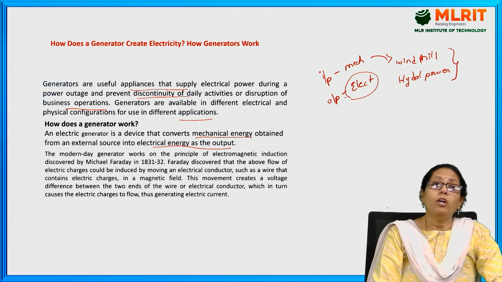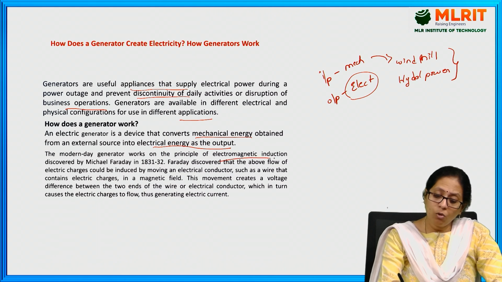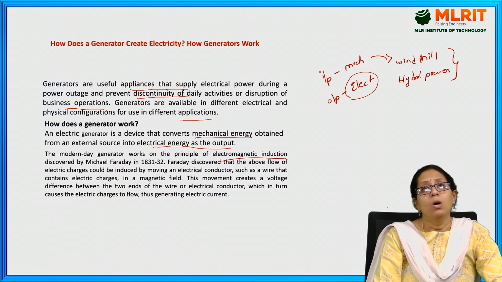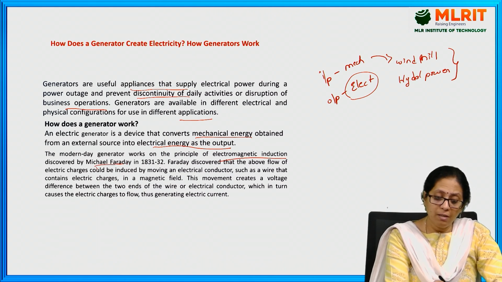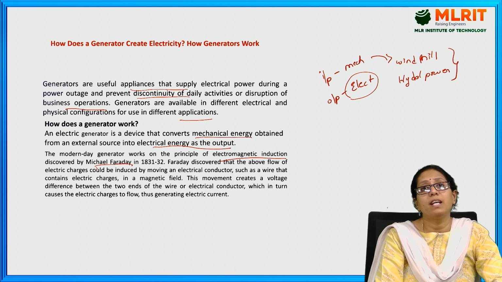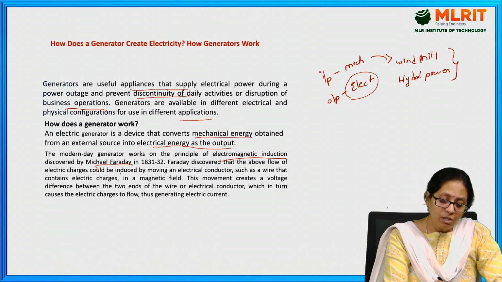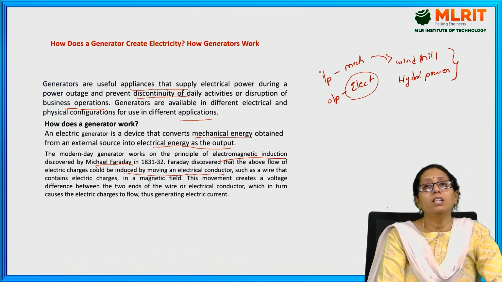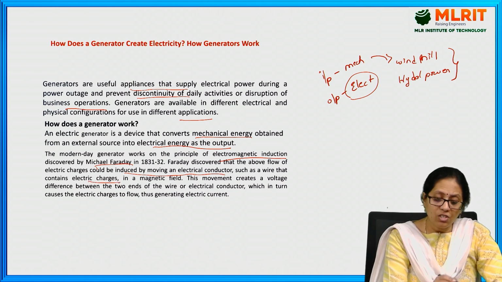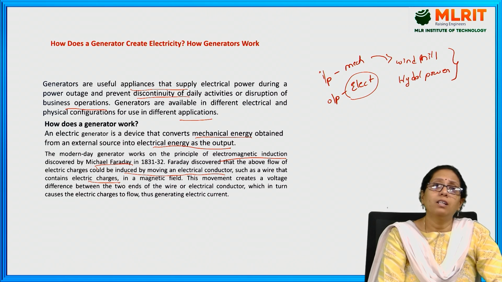The modern day generator works on the principle of electromagnetic induction, discovered by Michael Faraday, which is called Faraday's law. Faraday discovered that the flow of electrical charges could be induced by moving an electrical conductor, such as a wire containing electrical charges, in a magnetic field.